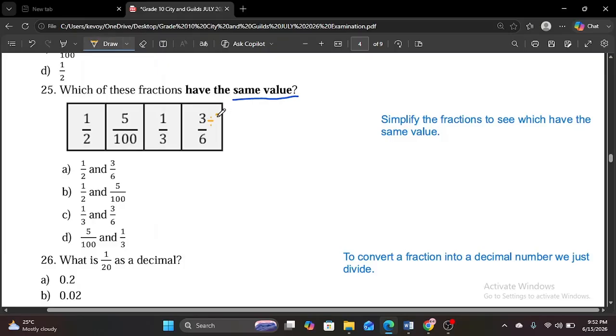So 3 divided by 3 is 1, and 6 divided by 3 is 2. So I have a half, but I also have a half right there. So the answer is going to be a half and 3 over 6.